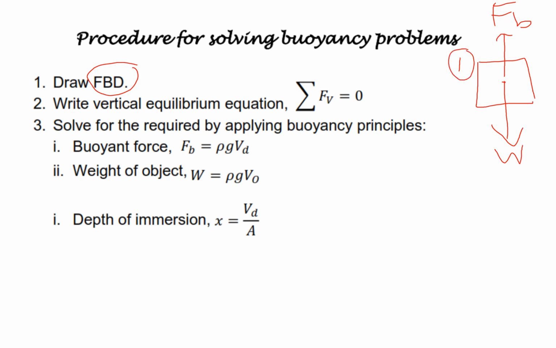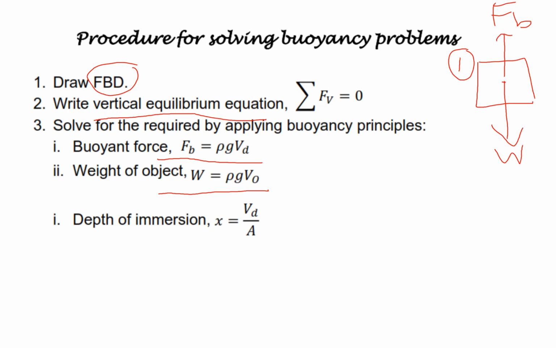And then you must write the assumption, the vertical equilibrium: the sum of vertical forces is 0. Means Fb is equal to W. Okay, and then we can find the buoyant force using the formula rho g Vd, or we can determine the weight of the object using rho g V object, the full volume of the object.